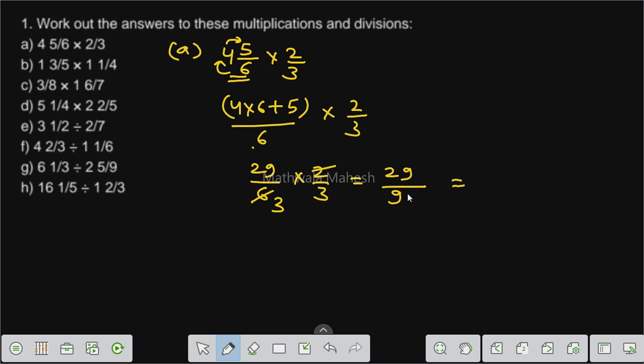If we divide 29 by 9, 3 nines are 27. 27 upon 9 is 3, and the remaining 2 upon 9. Okay, so this is the fraction for this number.